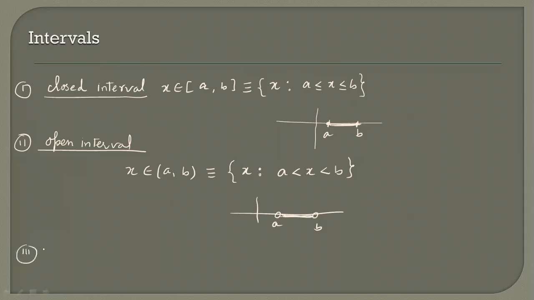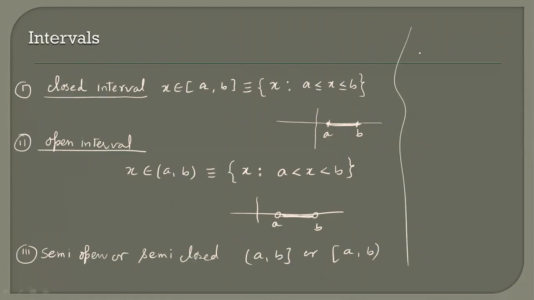Third, semi-open or semi-closed. Means it is open from one side and closed from the other side, or closed from a and open from b. If X belongs to open a, closed b, then its definition will be the collection of all X when a is less than X and X is less than or equal to b.